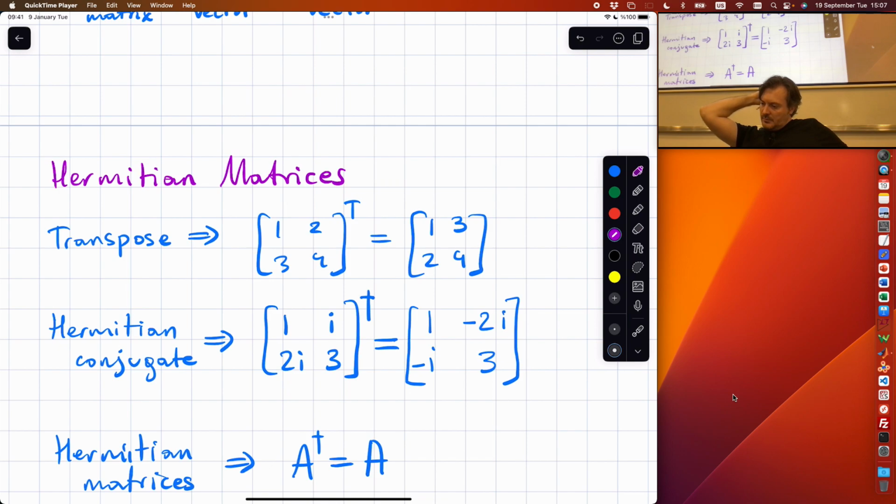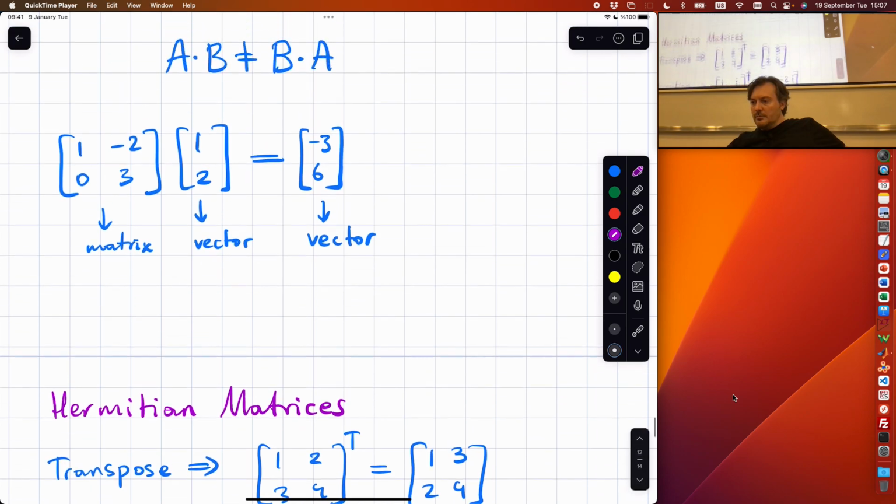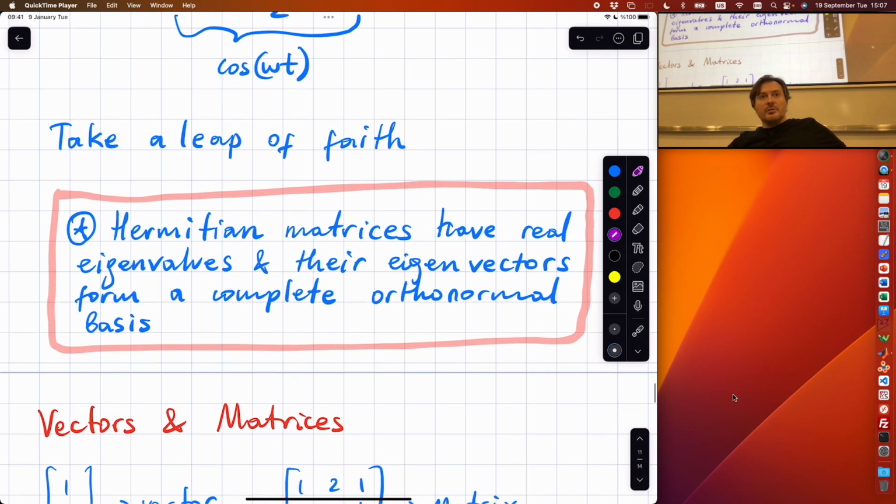I mean, above we wrote the definition for the Hermitian matrix. For this definition, when we say A Hermitian conjugate is equal to A, they are equal to each other. So Hermitian matrices are those matrices that have their Hermitian conjugates equal to themselves. And those kinds of matrices have real eigenvalues, etc.